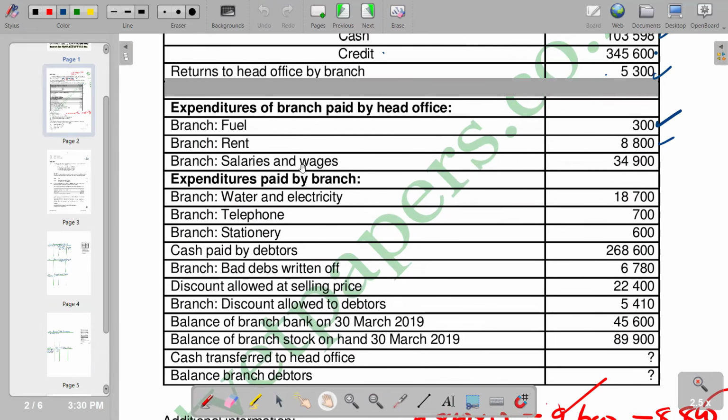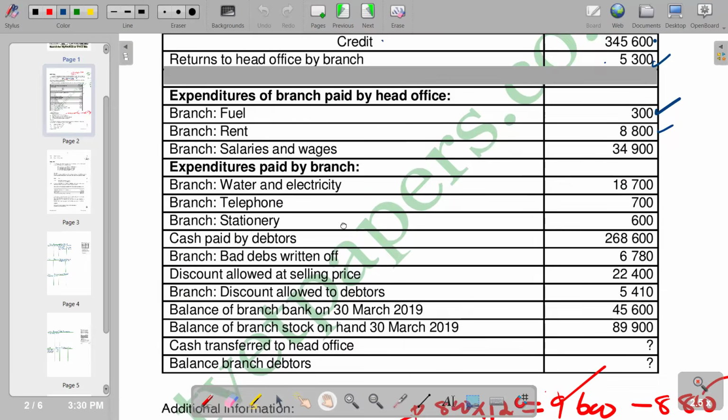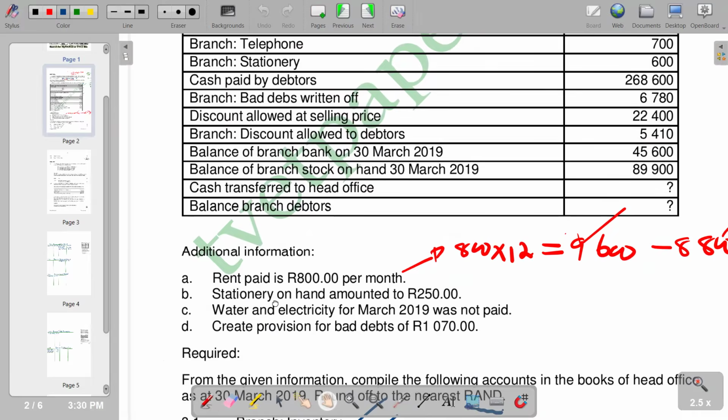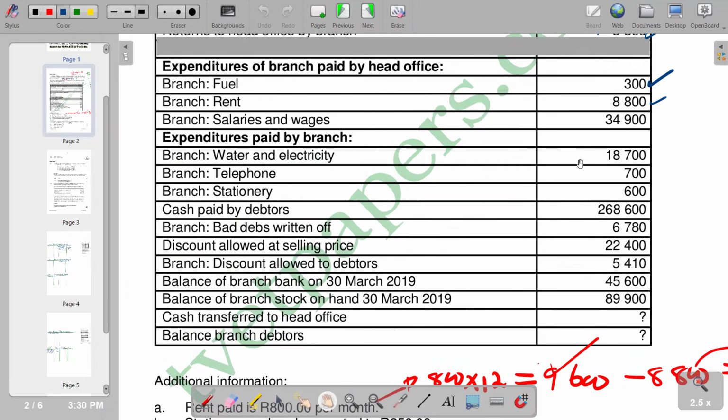which is supposed to be branch salaries and wages, 34,900. So for branch salaries and wages again, we check if we've got anything affecting branch salaries and wages. In the additional information, we see that we do not have anything that is affecting branch salaries and wages. So we take the figure as it is, which is 34,900.